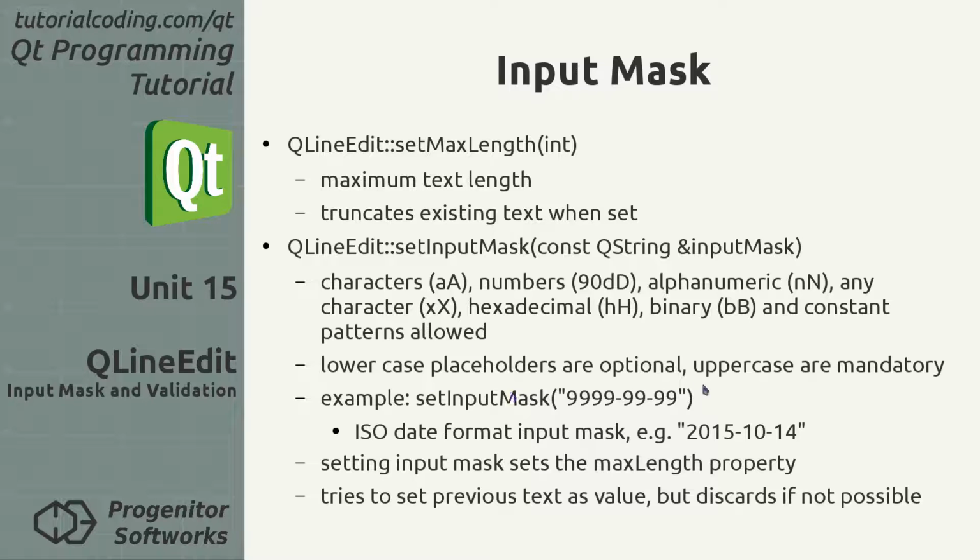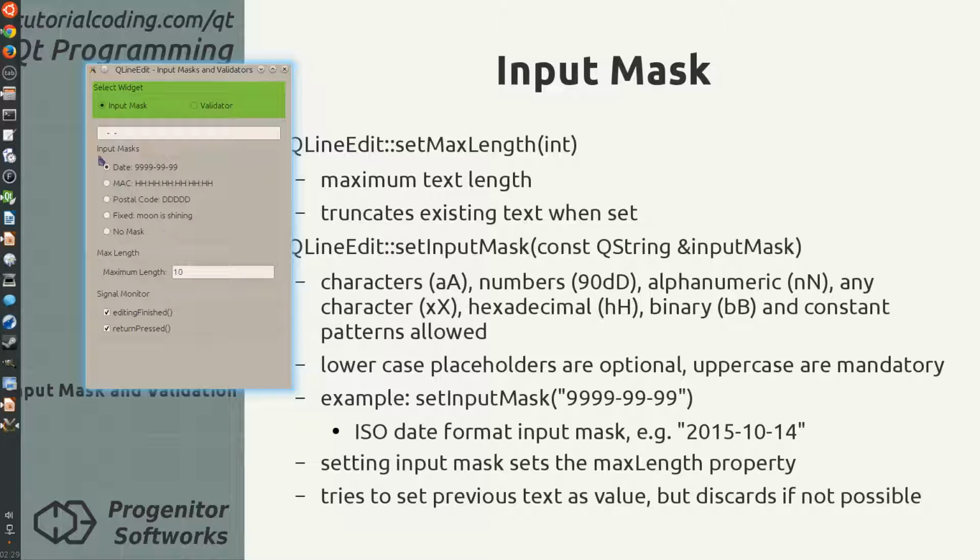Lowercase placeholders mean the character position is optional, and uppercase means mandatory. So the 9, for example, means it's a mandatory number from 0 to 9. In this case, for the LineEdit, it means I have to enter 4 numbers in the beginning, and then another 2, and then another 2, and these are separated by hyphens, which are constant patterns.